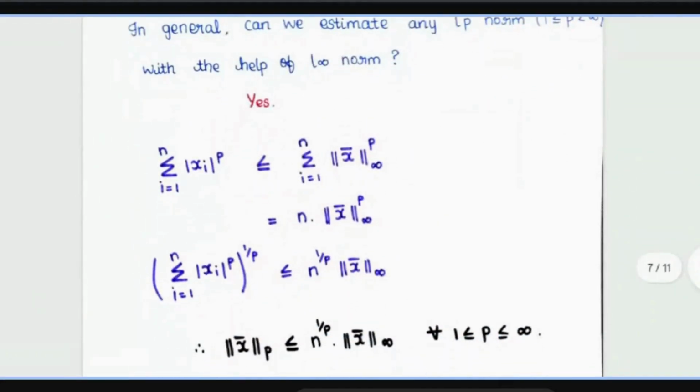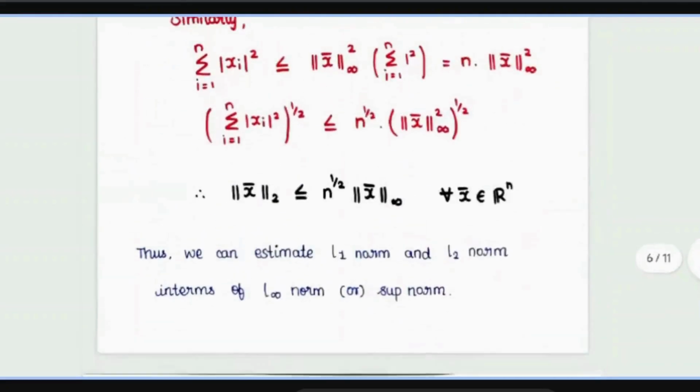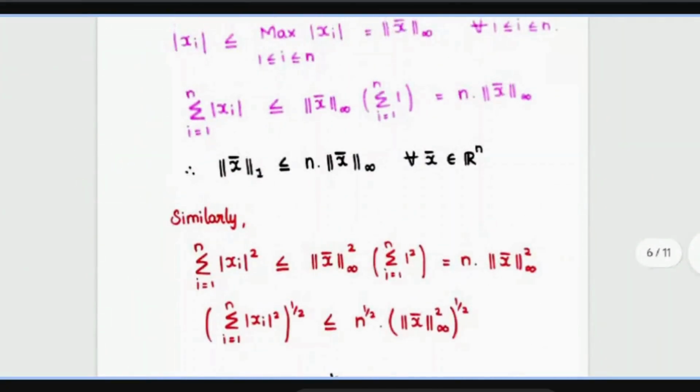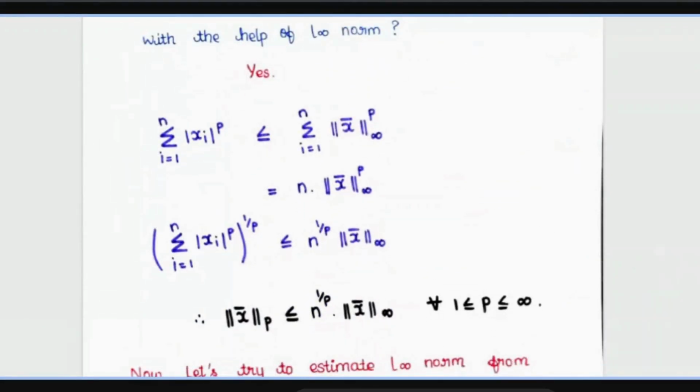So we fix any p, p greater than or equal to 1 and less than infinity. Summation of modulus of xi power p is less than or equal to summation of L infinity norm of x bar power p, because we proceed with the same procedure: each xi term is less than or equal to the maximum of xi, which is nothing but the L infinity norm.